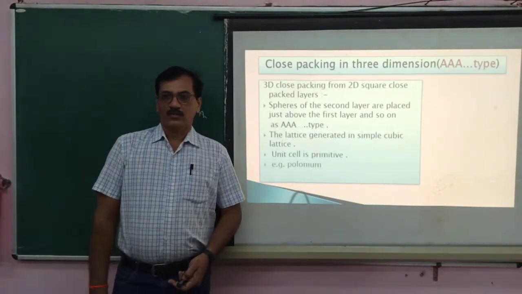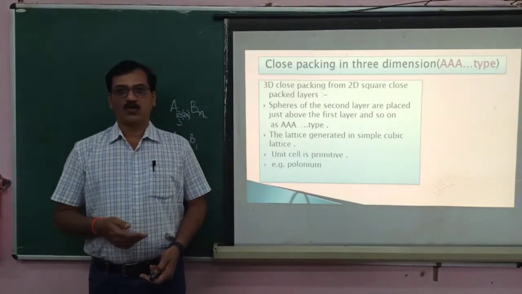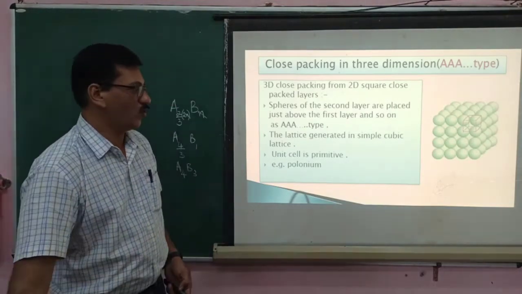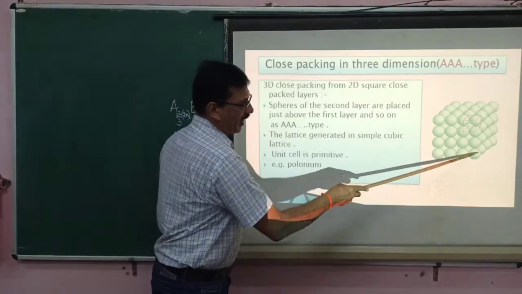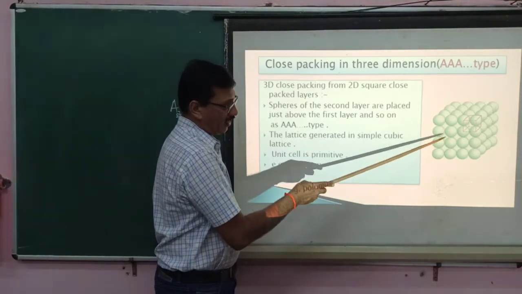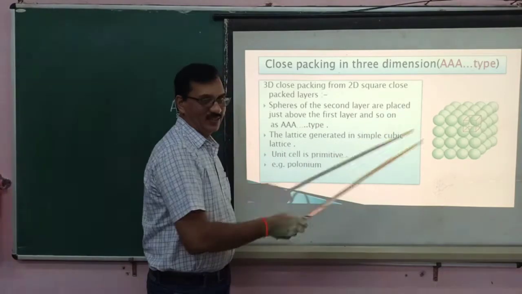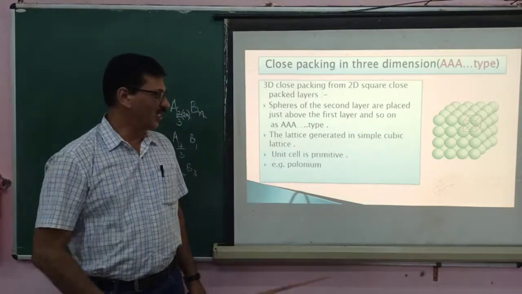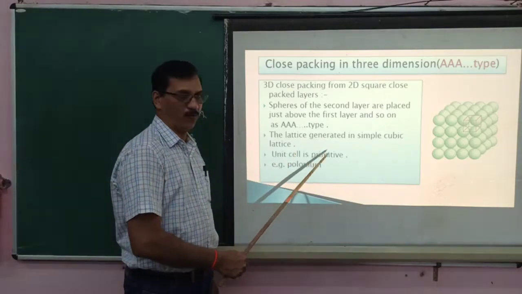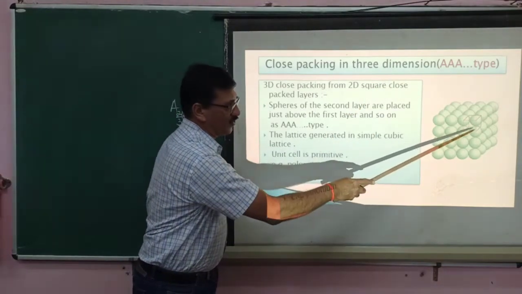Now, the lattice generated by simple cubic lattice is this way. Now look at this. This is AA type of layer. So that kind of layer is arranged one over the other. 3-dimensionally it will generate a unit cell which is primitive. You can look at the unit cell which is primitive.